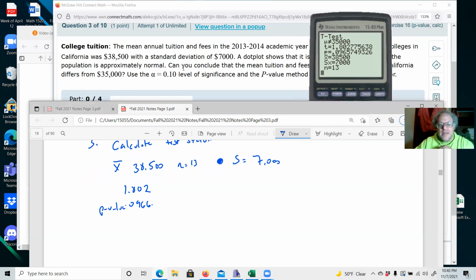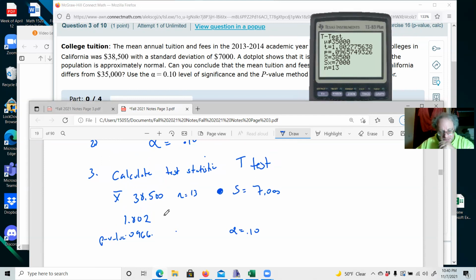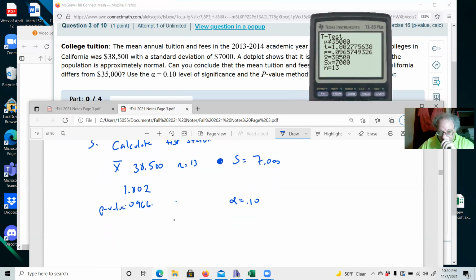So alpha equals 0.10. How does 9 cents deal with 10 cents? Is our p-value bigger or smaller than alpha, or is it too hard to tell? That's a little smaller, isn't it?